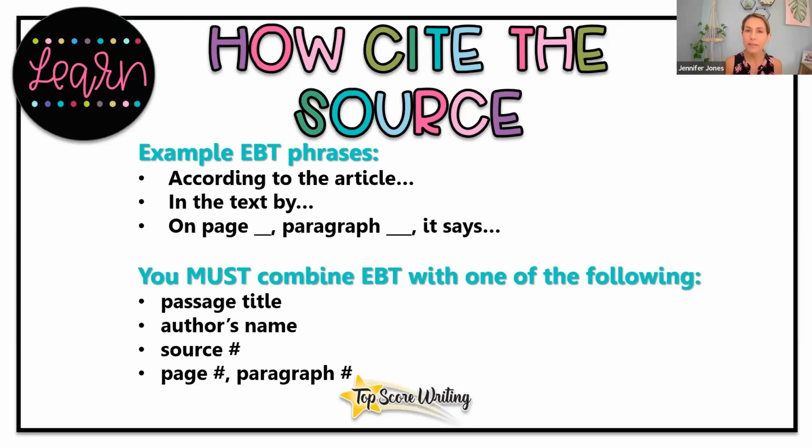You could say, according to the article by John Smith, and use the author's name. Or you could say, according to page 2, paragraph 7, and use the page and paragraph number. You can name your source in any of those 4 ways: title, author, source number, or page and paragraph number. So it's really important that you name your source in a specific and clear manner.